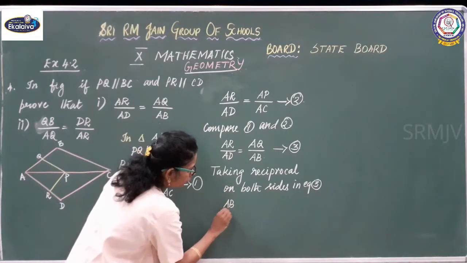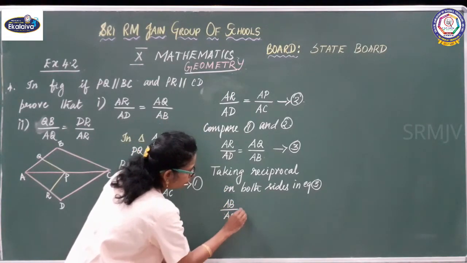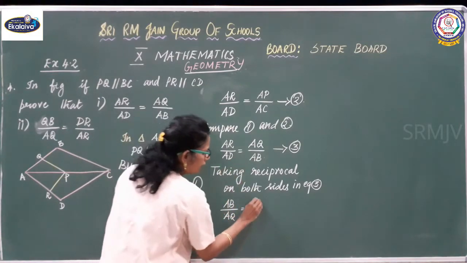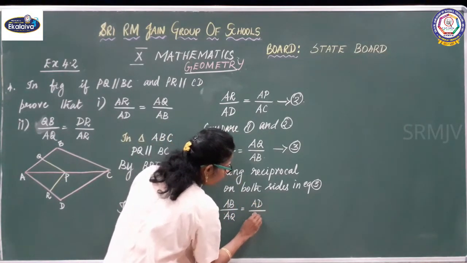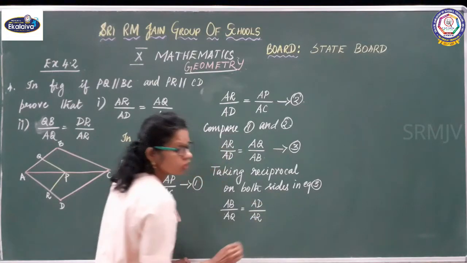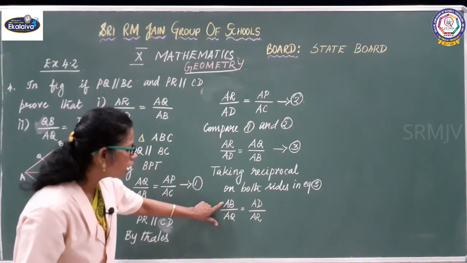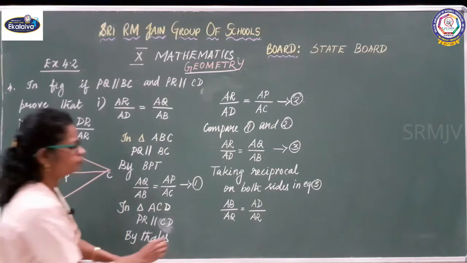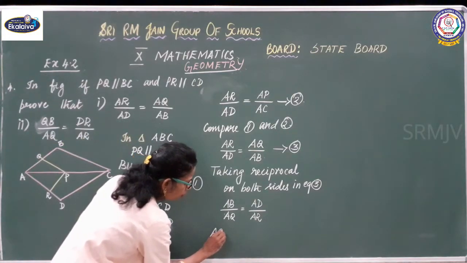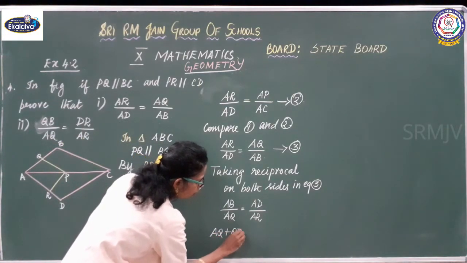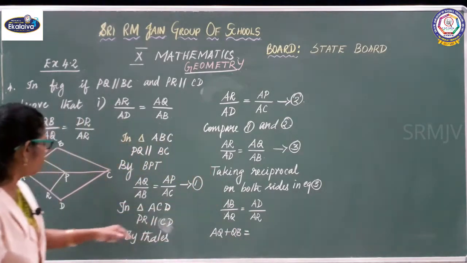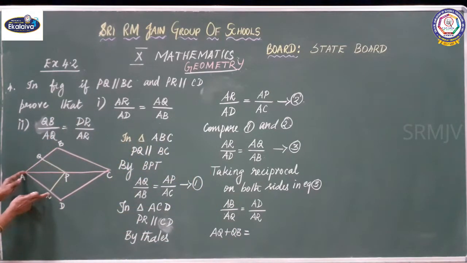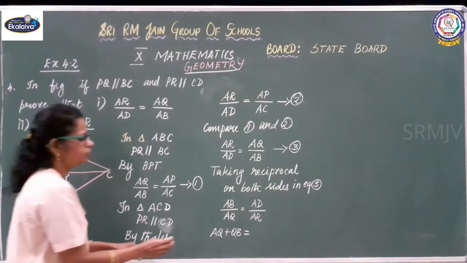AB divided by AQ equals AD divided by AR. Will you agree or not, children? Yes. Now, how are we going to write AB? AB can be written as AQ plus QB, and AD can be written as AR plus RD.